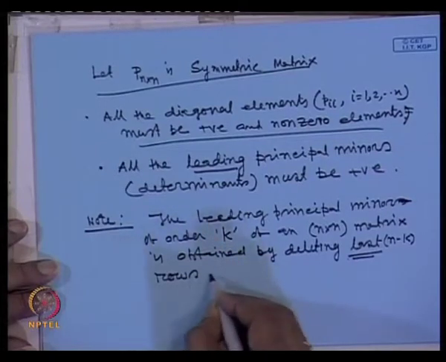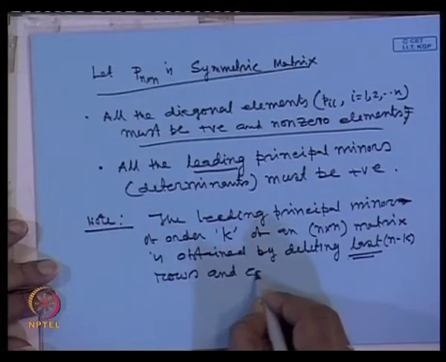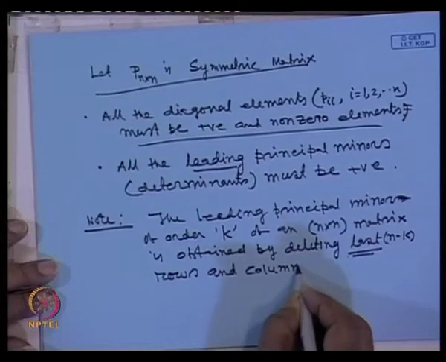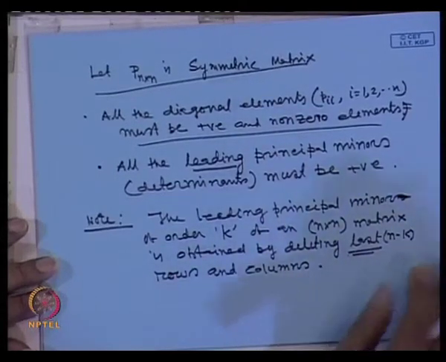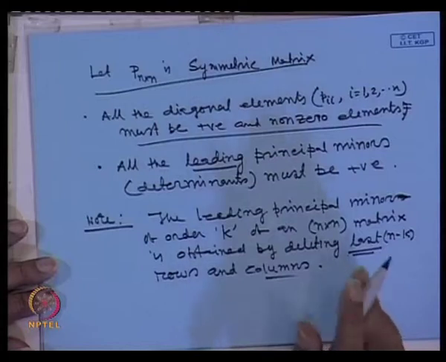Mind it, the last n minus k rows and columns. So, this is the leading principal minors.